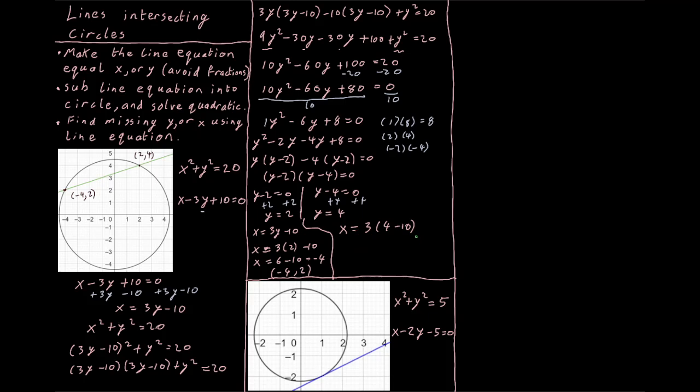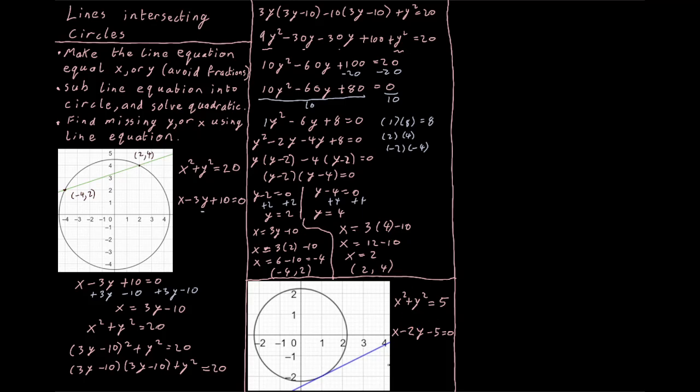Sorry, bracket in the wrong place. 3 by 4 minus 10, my apologies. And I would end up with x is equal to 12 minus 10, x is equal to 2. So I would have x is 2, y is 4 for my other point of intersection. And I got the same thing as I did from looking at my picture.